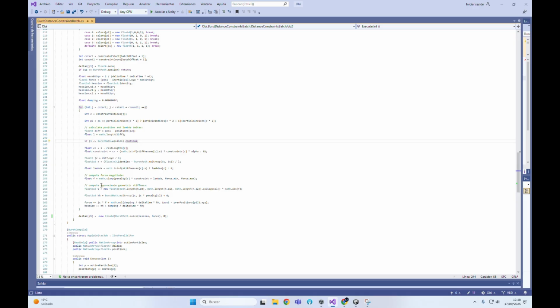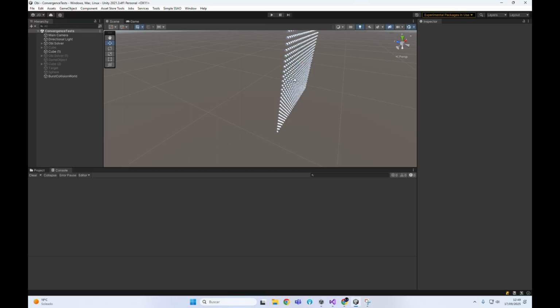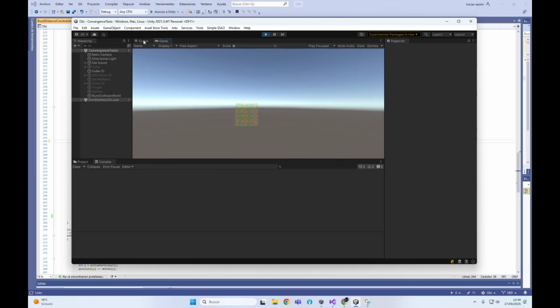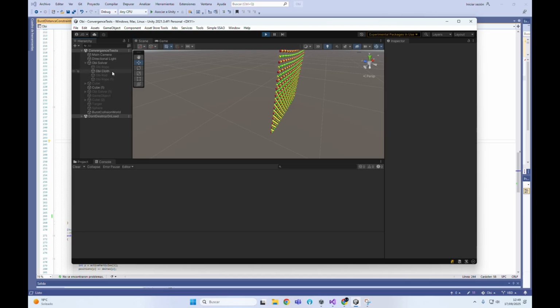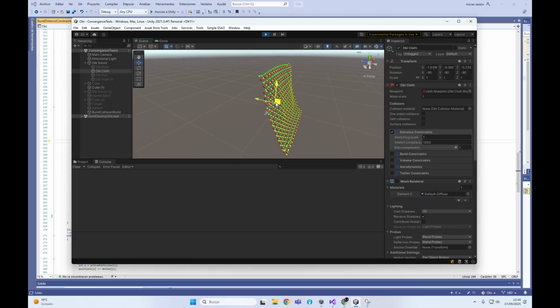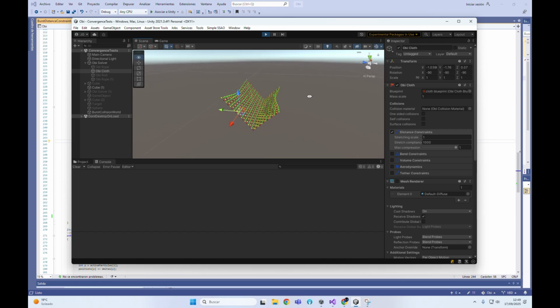Then I calculate the force and the Hessian matrix and accumulate them, and then finally solve a 3x3 linear system to get the position displacement, the position delta for the particle, and this yields the following results.